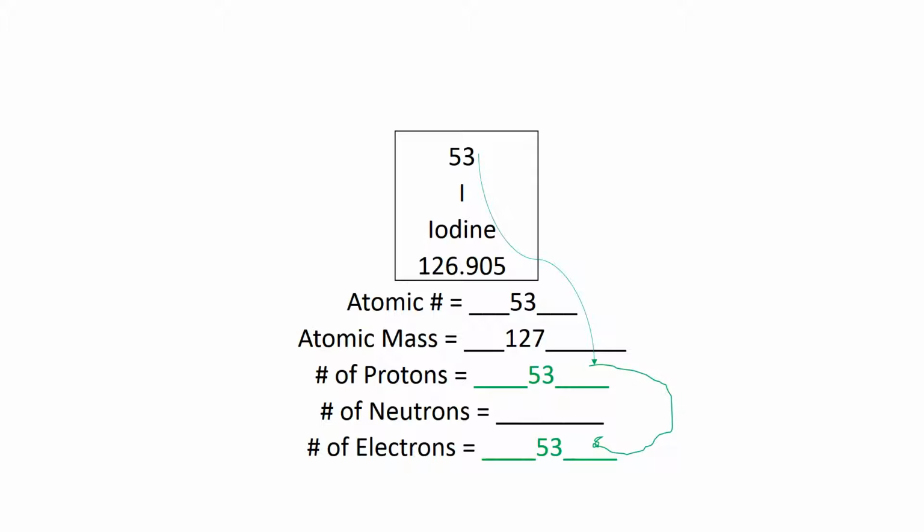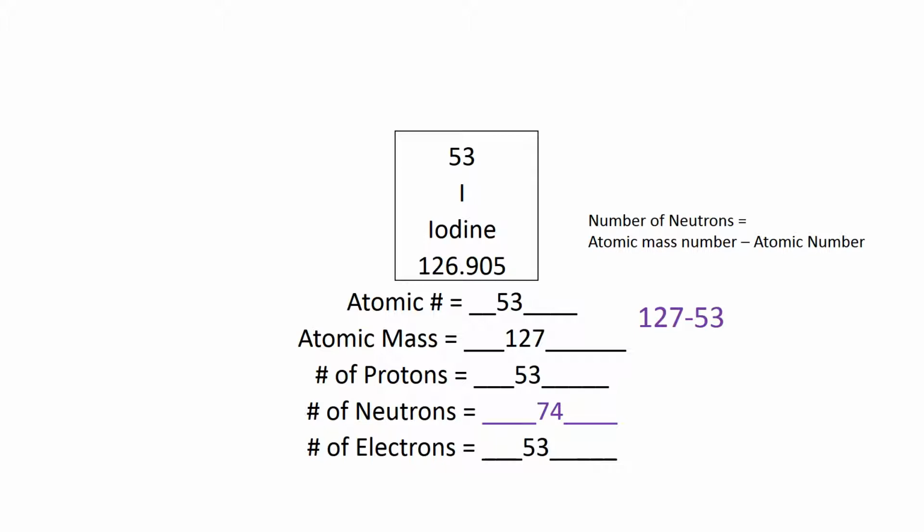It's also the number of electrons. Protons and electrons are the same because protons are positive and electrons are negative, and the positives always have to equal the negatives because this is a no-charged atom. It's just a neutral atom, so it's equal. All right, so that's the toughest. Well, next to rounding, it's the toughest.